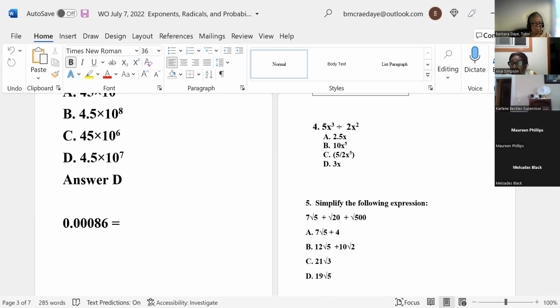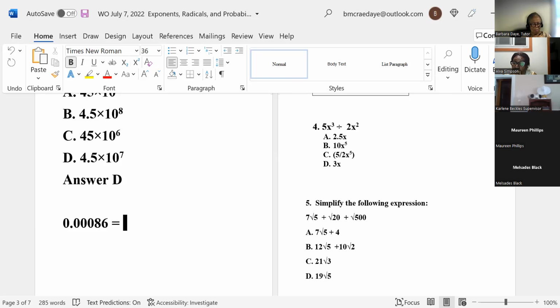0.86. Are you giving me the scientific notation? What would it be? 1, 2, 3, 4. 0.86.